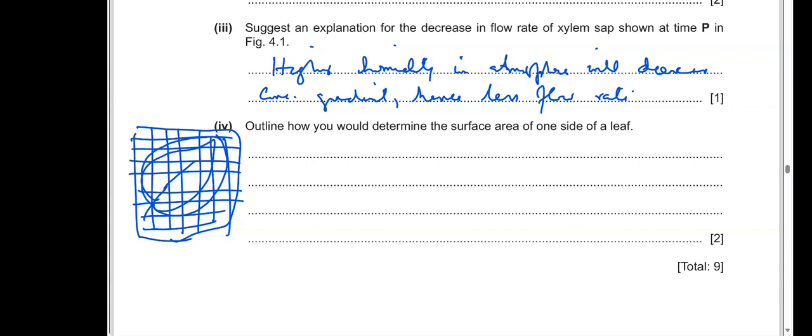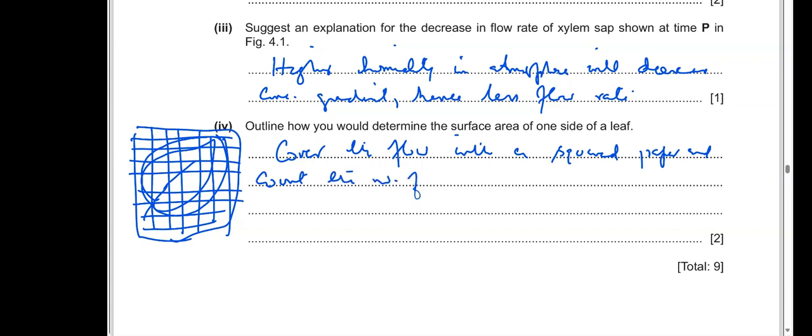So how do we determine the surface area of one side of a leaf? Cover the leaf with squared paper and count the number of small squares covering the leaf surface.